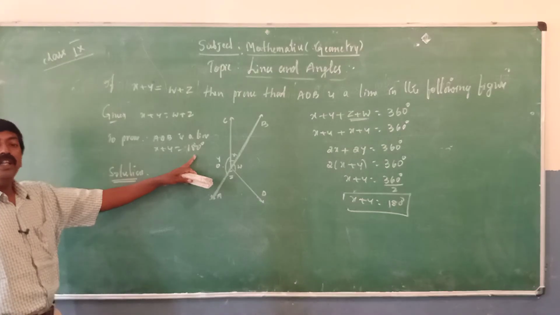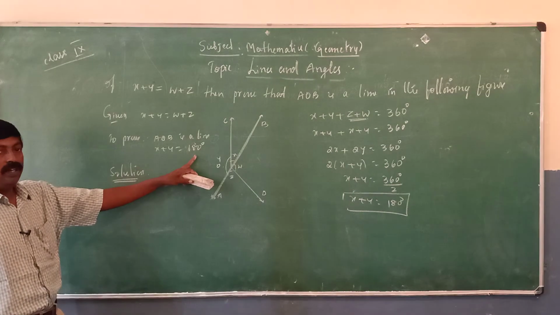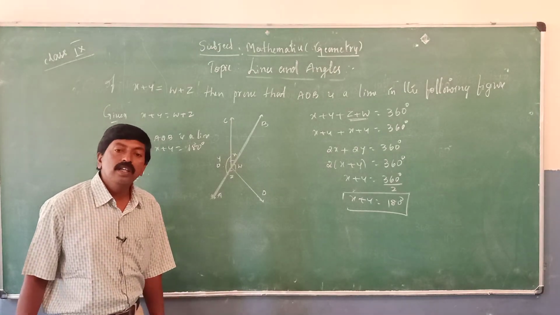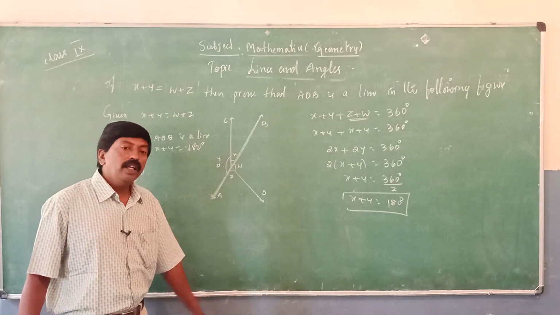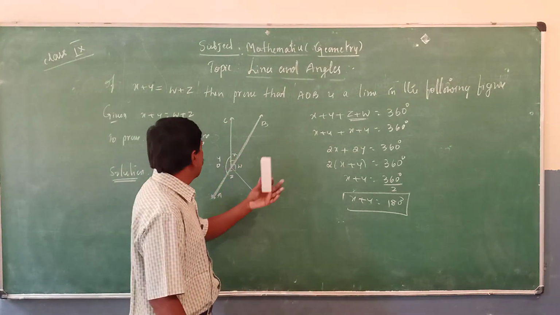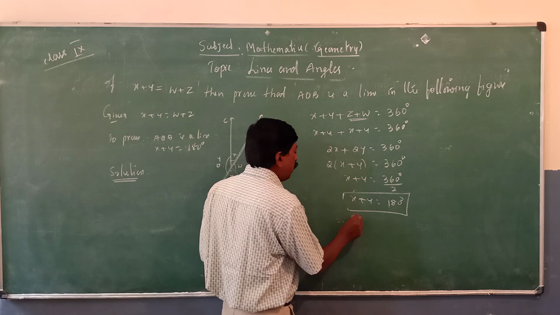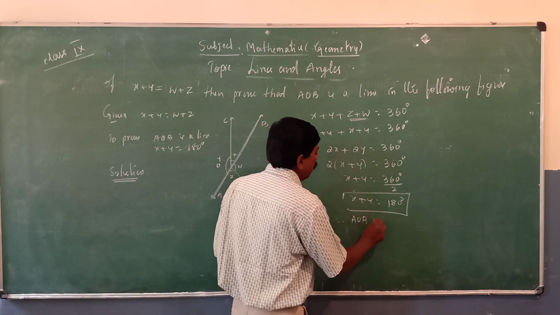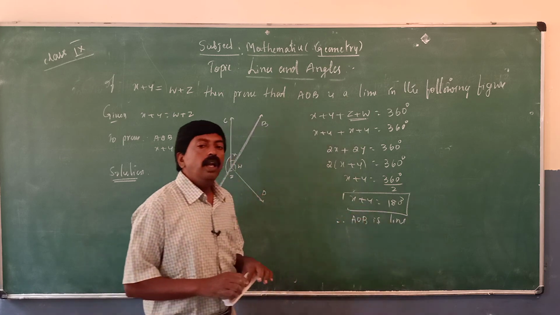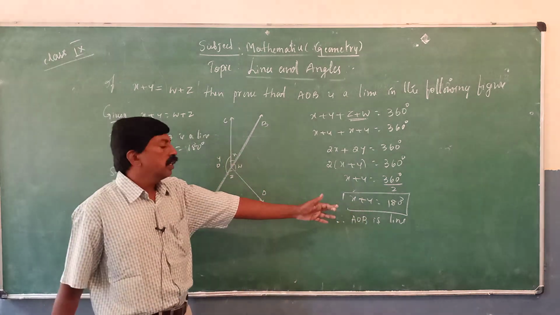That is not 90, because 90 means just a right angle, which is not a straight line. So 180 degrees. Therefore x plus y is equal to 180 degrees. If x plus y is equal to 180, then what do you say about AB? So from the figure, AOB is a line, because x plus y is 180 degrees.